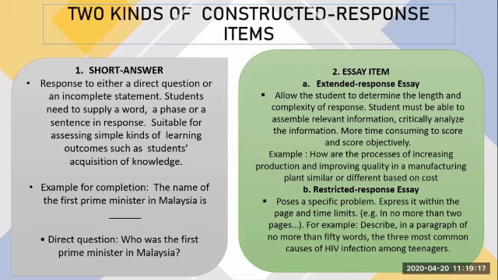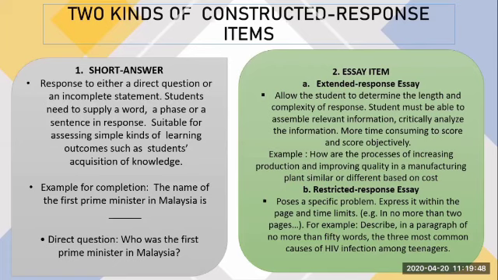Students need to supply a word, a phrase, or a sentence in response, suitable for assessing simple kinds of learning outcomes such as recall of knowledge. Example for completion: the name of the first prime minister in Malaysia is ... For the direct question: who was the first prime minister in Malaysia?